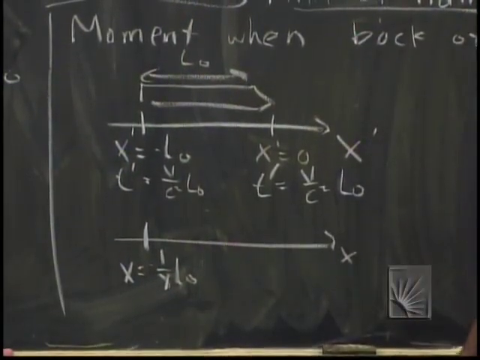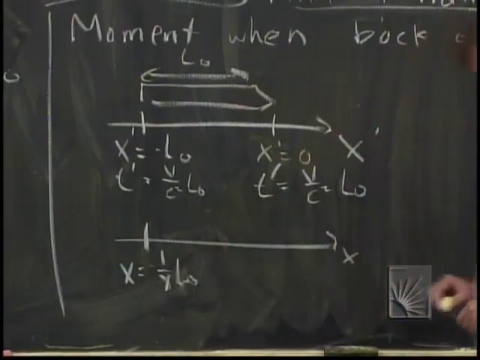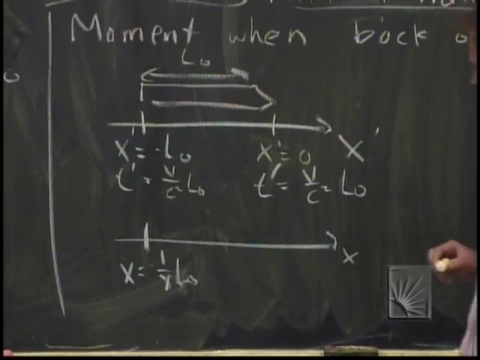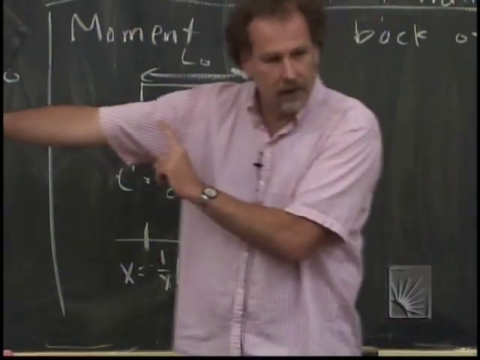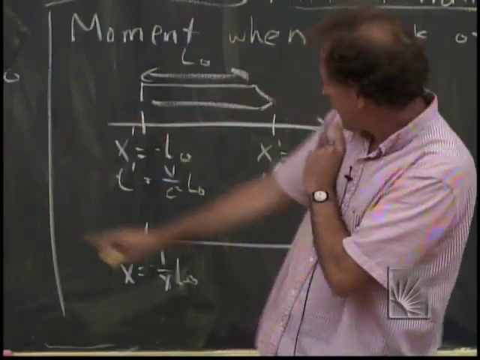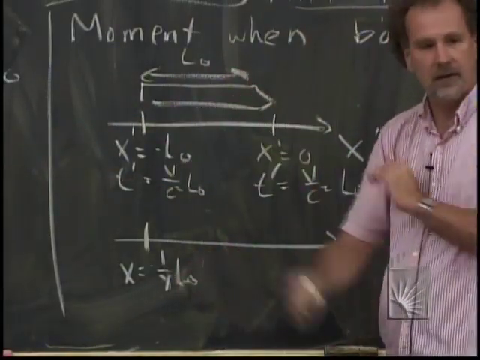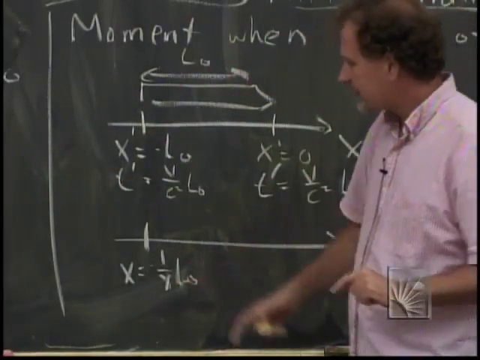Yeah? In this diagram, where is the front of the station? We're about to discover that. I'm about to write that in. The front of the station for, well, okay, let me write the time down. That's a good question. Where's the front of the station? But I'm just copying. The back was at minus 1 over gamma L0, this contracted length.